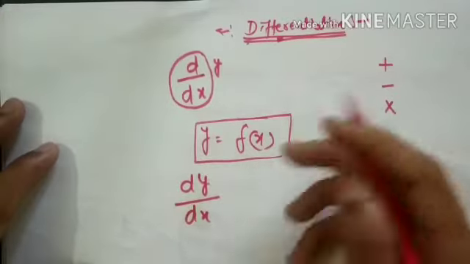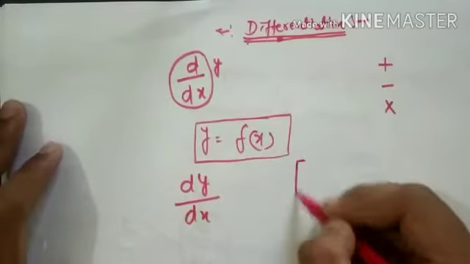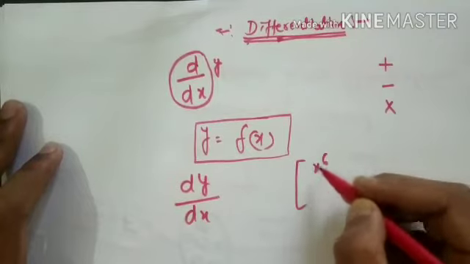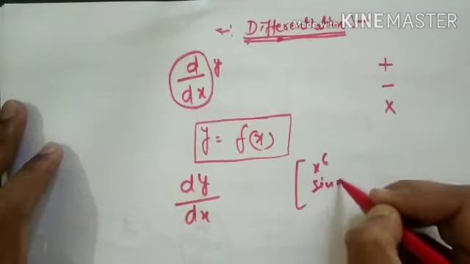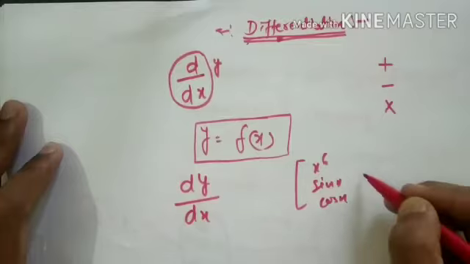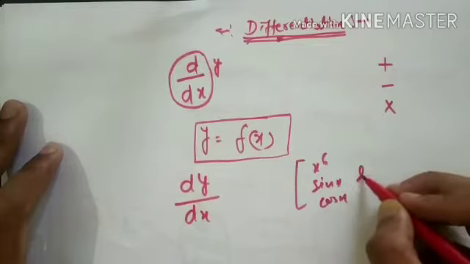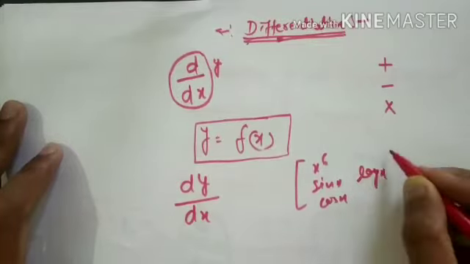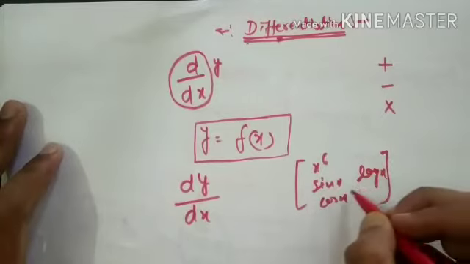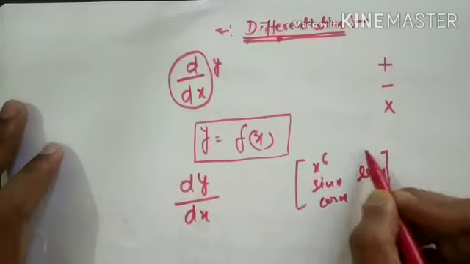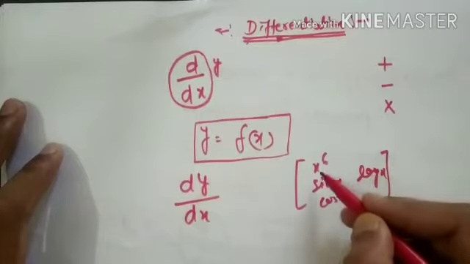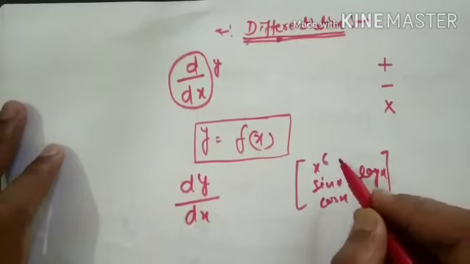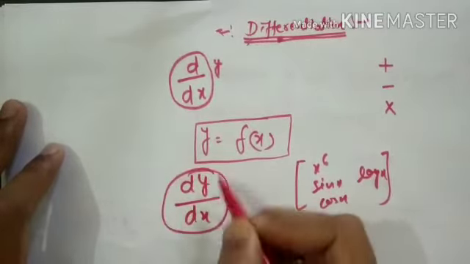So how to differentiate any function? Like if we have x to the power 6, sin x, cos x, log x. All are functions of x here. So if you want to differentiate all those functions, then you have to go through the process dy by dx.